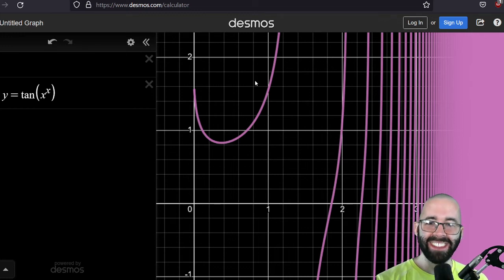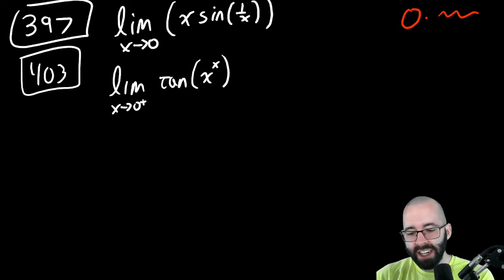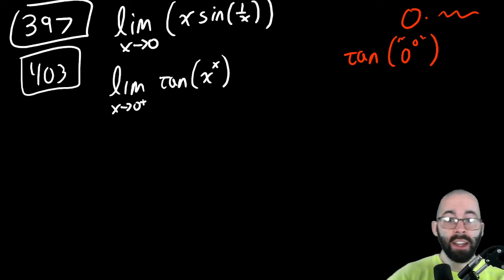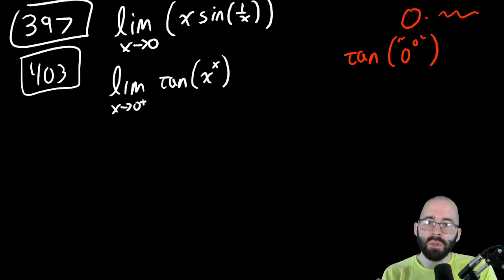Let's do some math. If we try to use direct substitution, we're going to get the tangent of 0 to the 0th power. We have an indeterminate form on the inside. So tangent's continuous almost everywhere.